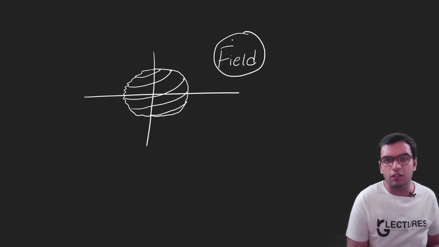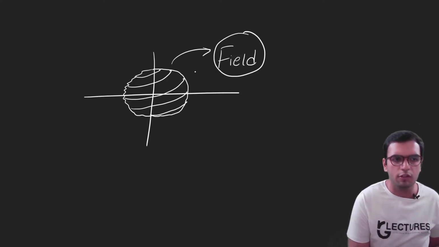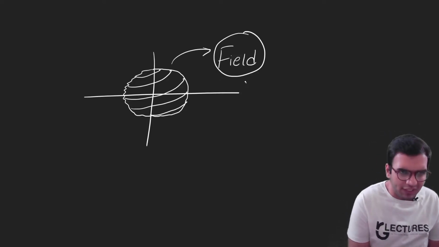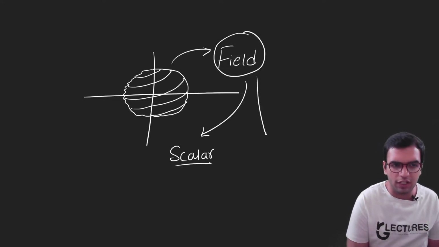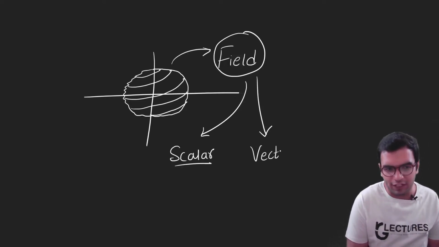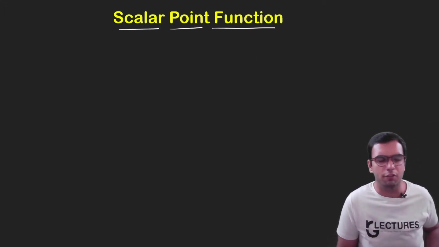The region or the space occupied by my function is referred to as the field. Now that field can be a scalar field if my function represents a scalar quantity, or that field can be the vector field. Now that is what we want to study now. So let us define scalar point function.